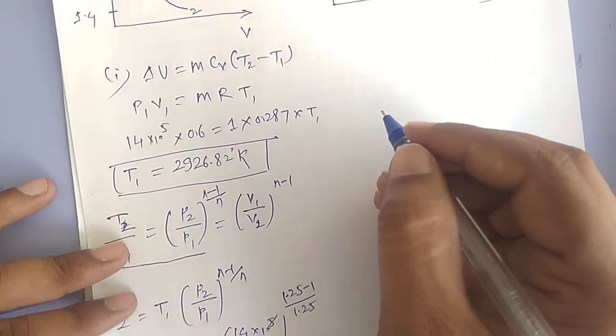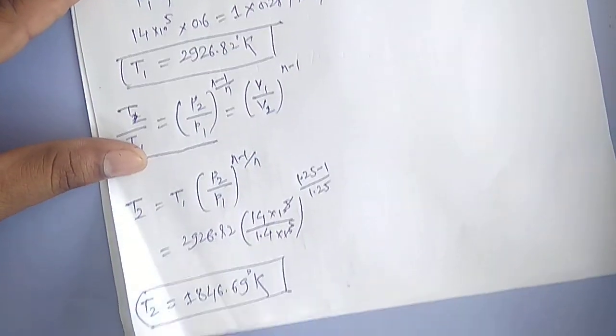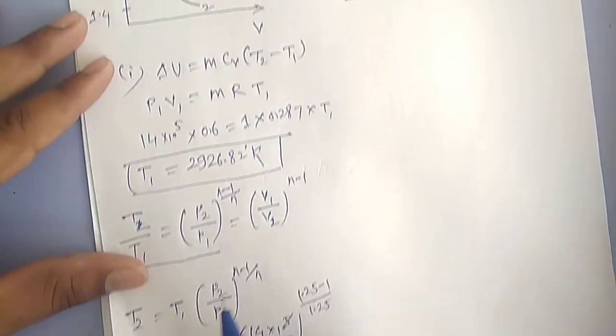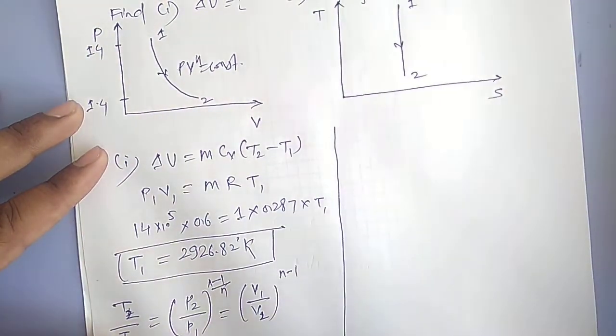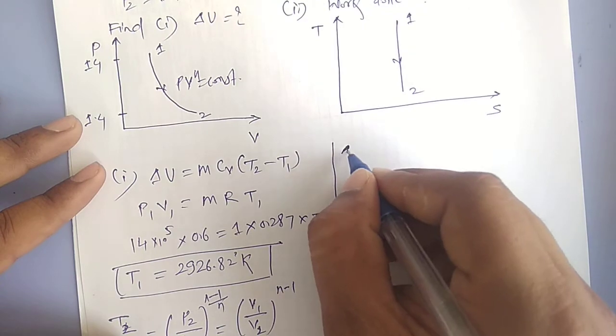So by putting these values of T2 and T1 in that equation, we will get the change in internal energy.